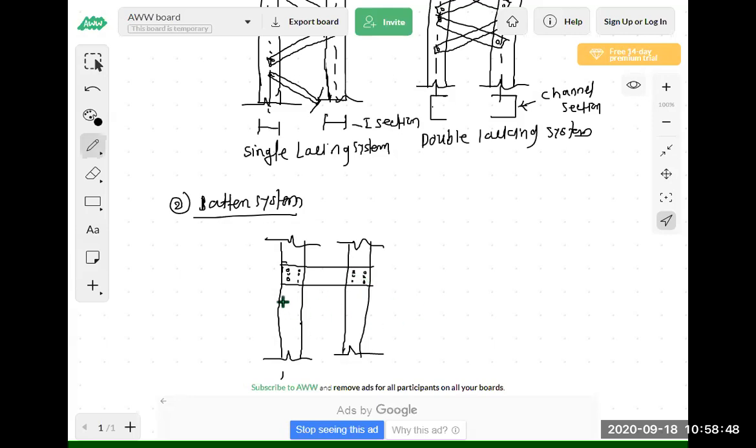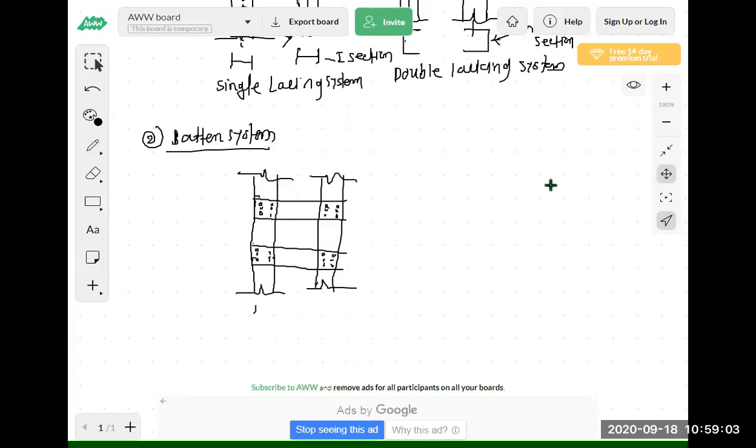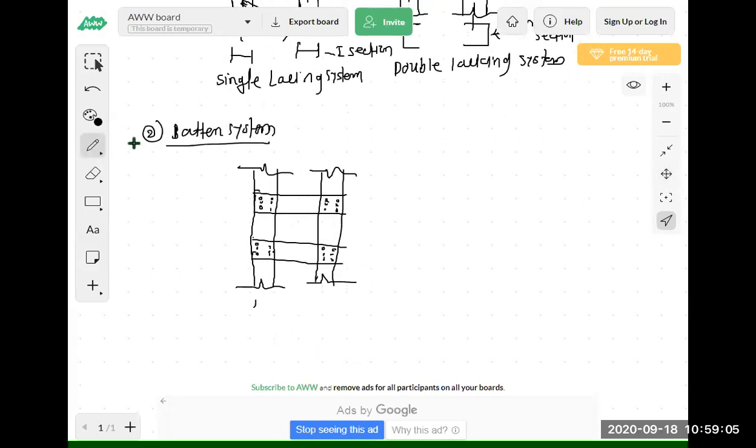So these are the bolts. We provide this throughout the height. Are you getting it? So this is the batten system.